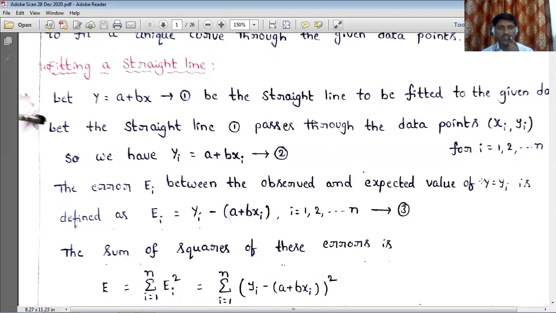After getting the exact exam result, obviously there will be some difference between the observed one and the expected one. Subtraction of those two gives the error. So we are saying that the error ei between the observed and expected value of yi is defined as ei is equal to yi minus (a plus bxi) whole square.